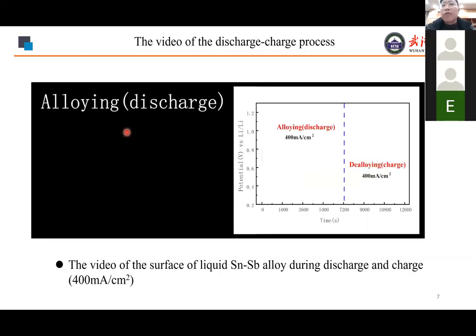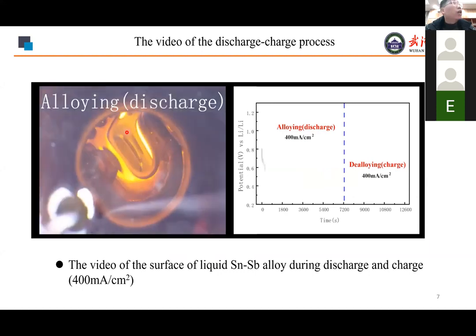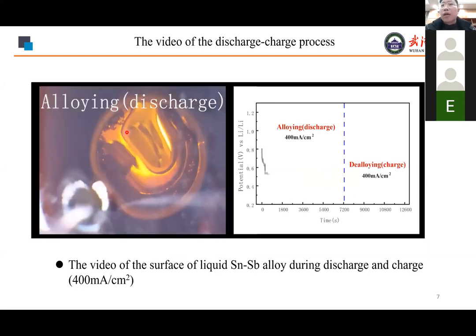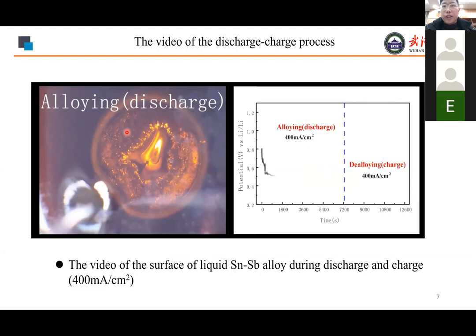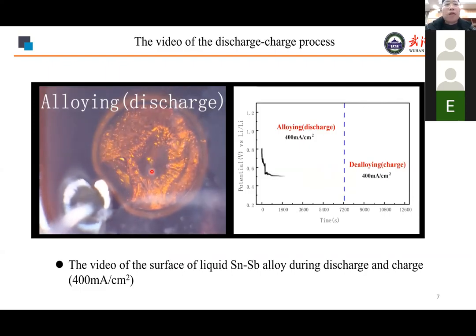This is the video of the discharge and charge process at a larger current density. In the discharge process, the solid phase is growing.